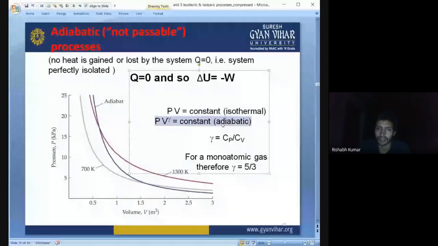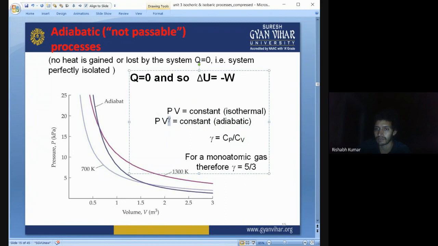But for an adiabatic process, there is a slight change. It's similar to the isothermal process, the only change is that we have V raised to the power gamma, and gamma is Cp by Cv. We did Cp and Cv in our specific heat lecture.